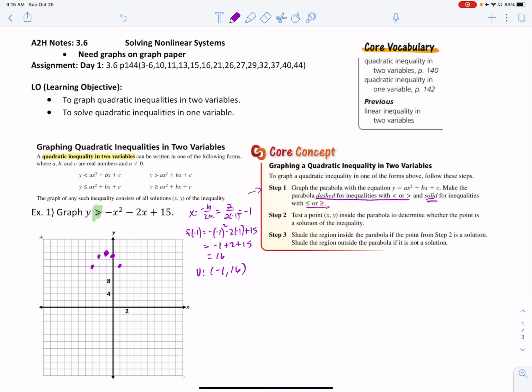And it just so happens that if I take out a negative, this factors. And so I have intercepts at 3 and at negative 5. So that can help me.